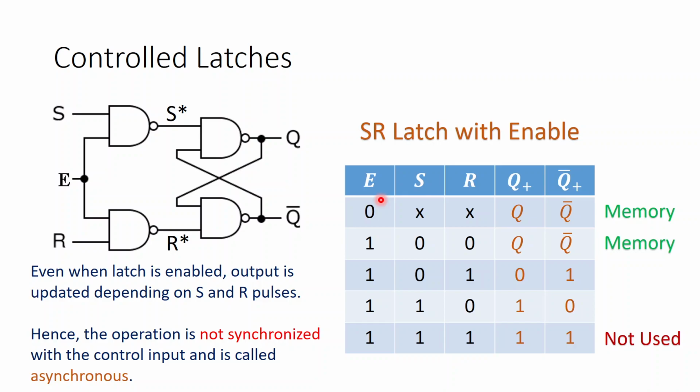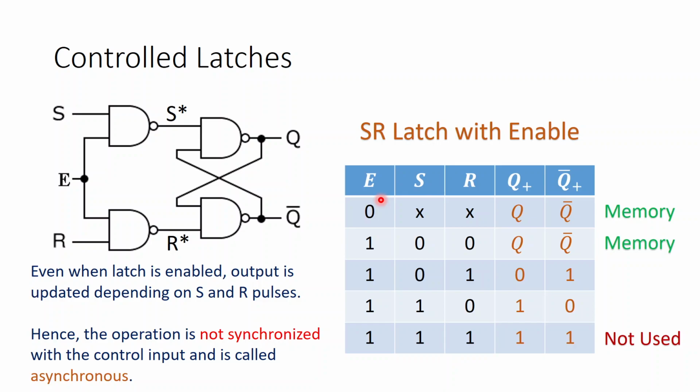Hence, we can say that this operation is not synchronized with the control input, and hence we can call this an asynchronous operation. So in the purview of sequential circuit design, you will come across these terms synchronous and asynchronous. Synchronous will mean that the output will be changed based on the change of the control input, this enable signal.